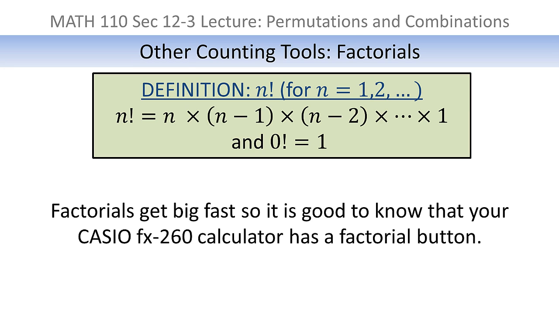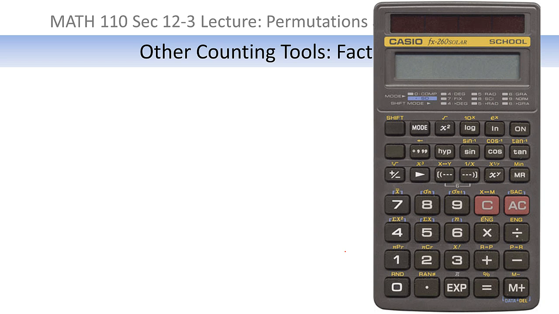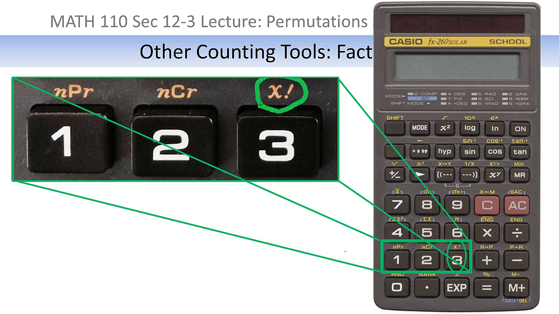Also might mention that factorials get large quickly, so it's going to be good to know how to use your Casio FX260 to do these factorials. There is a factorial button on that calculator, and I'll show you where it is.